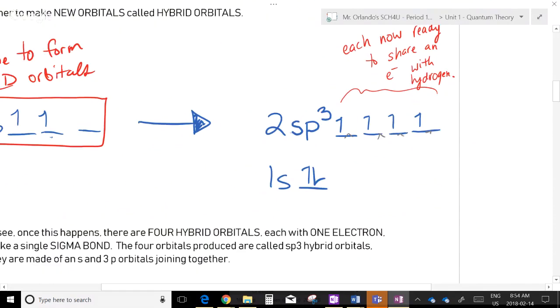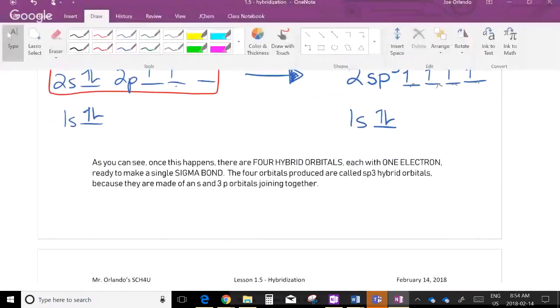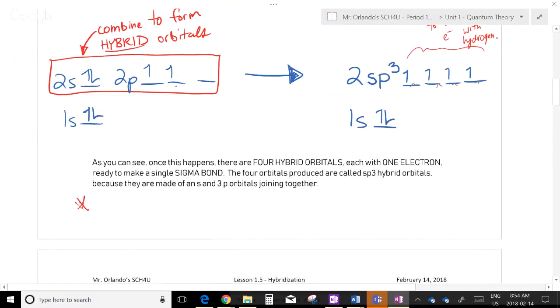And so this is kind of our first rule. And I think I wrote it in text, but I'm still going to write it by hand. Any sigma bond must be in a hybrid orbital.